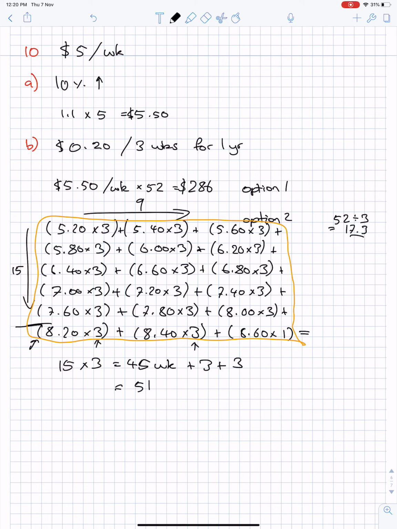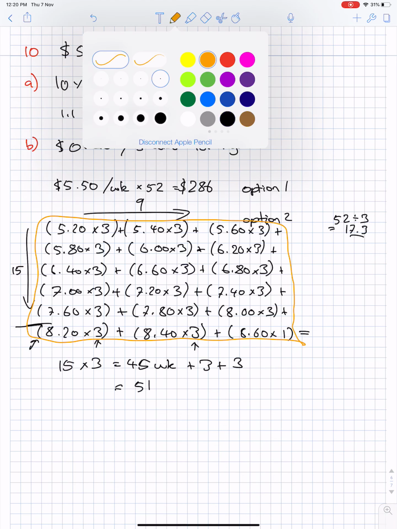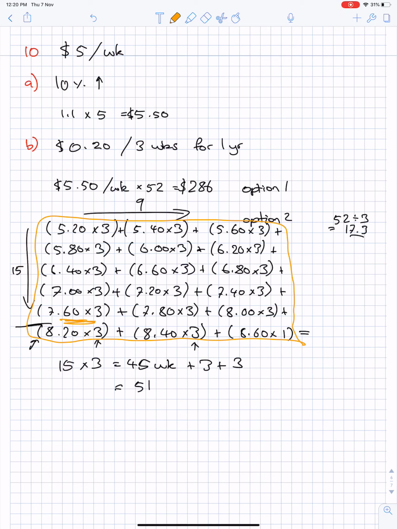7.8. Oh, so when we get to the end of 7.6 times 3, which is around here, we can't enter any more into the calculator, so all we can do is just press enter and then keep adding the rest of them onto it.